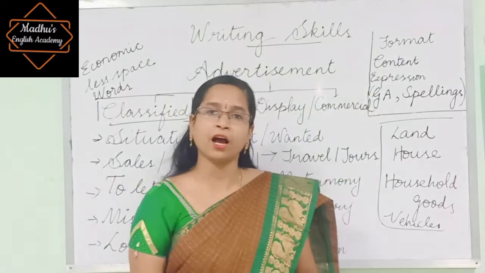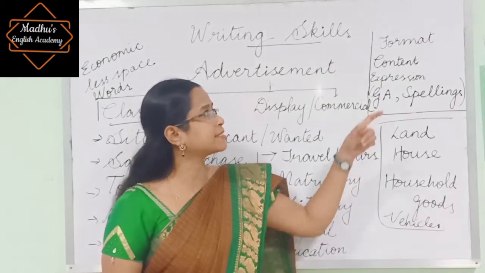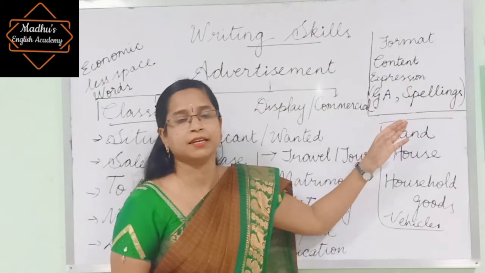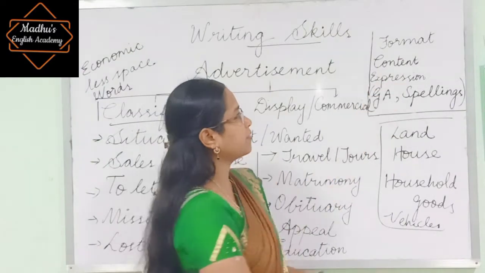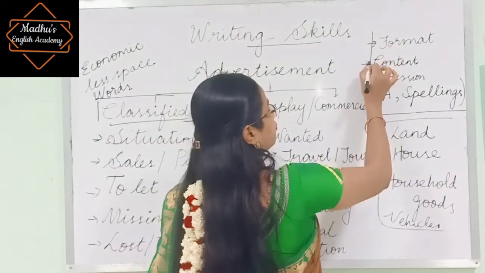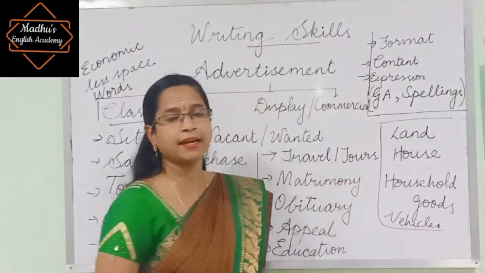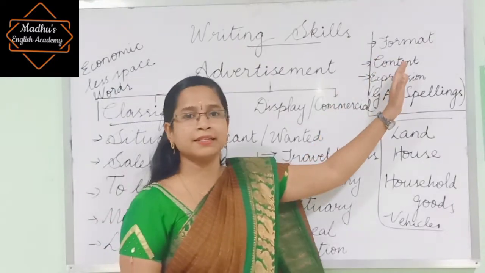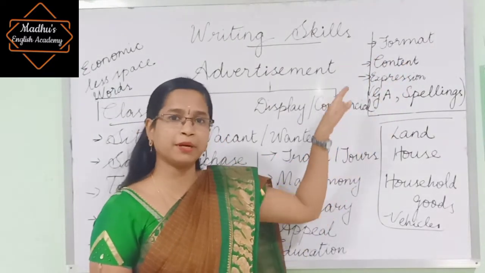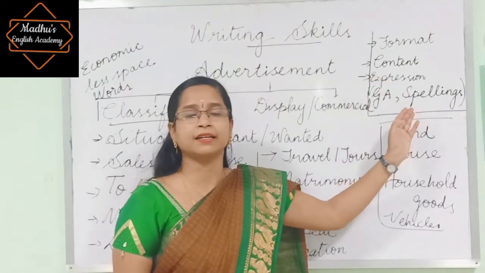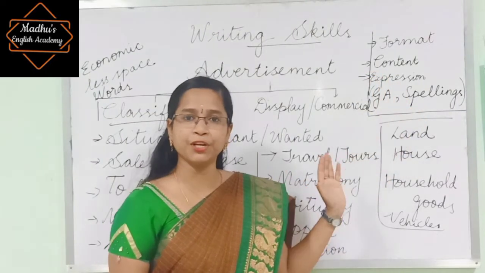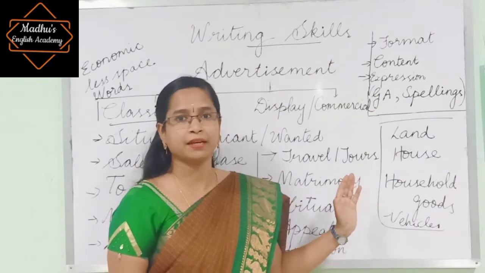Before learning how to write an advertisement, let us look at the marking scheme first. When teachers correct your class 12 board paper, these three will be the marking categories: format, content and expression. Format is nothing but the format of writing the advertisement, which I am going to teach you. Next it is content. In this, the matter which you are going to write in the newspaper will be considered.